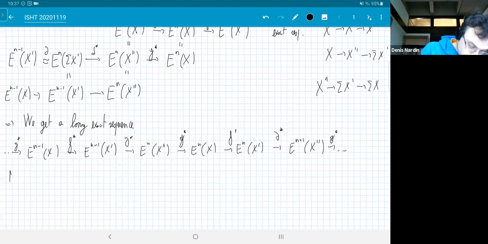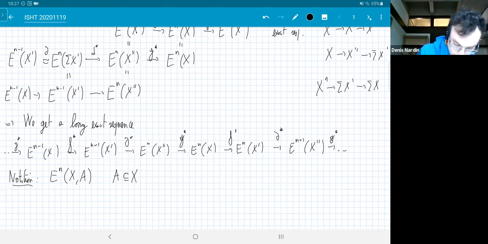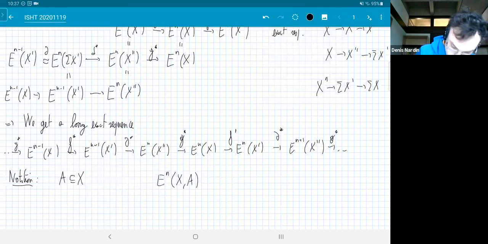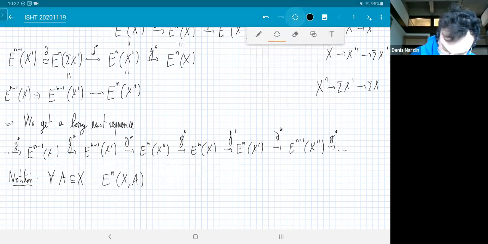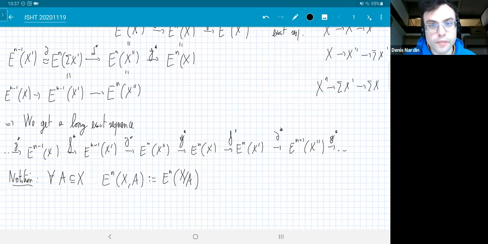And moreover, a little piece of notation. I'm going to write En of x comma a when a is, say, a subspace of x. Write them in the other order actually. This is just going to be defined as En of the mapping cone.